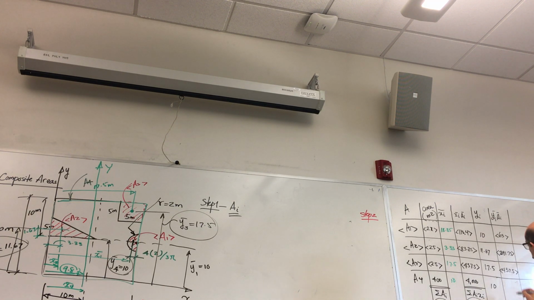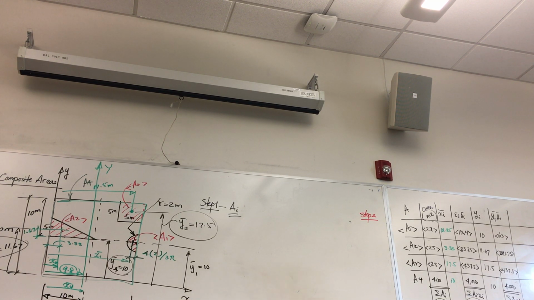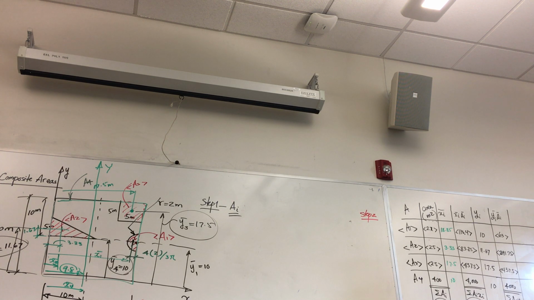And then 4,000. So if you add these up, you get the summation of Ai yi, right? And I have the answer here. You get 3,207.8. So if you divide this by this value, you get y bar. That comes out to be 9.3 meters.